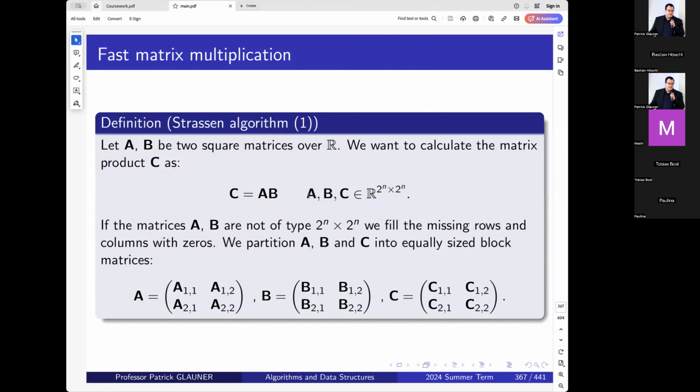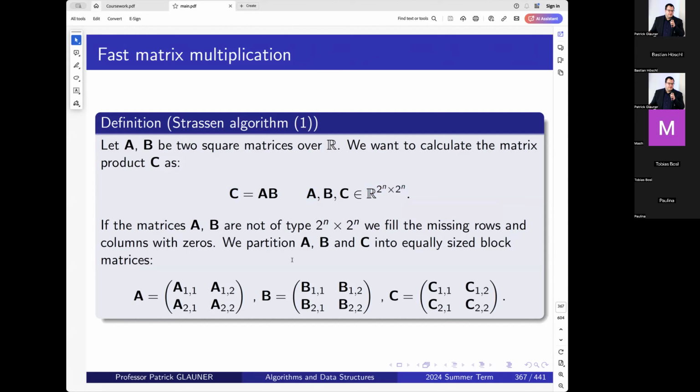So we say A and B that we multiply, and then obviously C, which is the product of A and B, are of dimensions 2 to the n times 2 to the n. We deal with real numbers. And we want to calculate this product, A times B. We have just tried on one small example, 2 times 2 matrices, how to calculate this product.